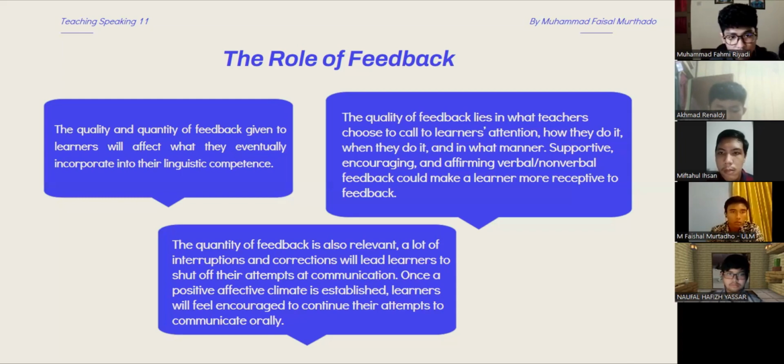Furthermore, a barrage of interruptions and corrections will, of course, lead learners to shut off their attempts at communication. Once a positive, affective climate is established, learners will feel encouraged to continue their attempts to communicate orally.